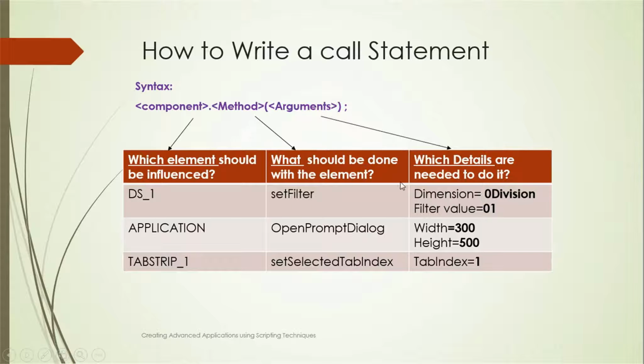While specifying set filter, we can give a dimension or filter value. To open a prompt, we need to specify the width and height of that prompt. And in the tab strip, if you want to set the selected tab index, we need to specify the tab index value to set.